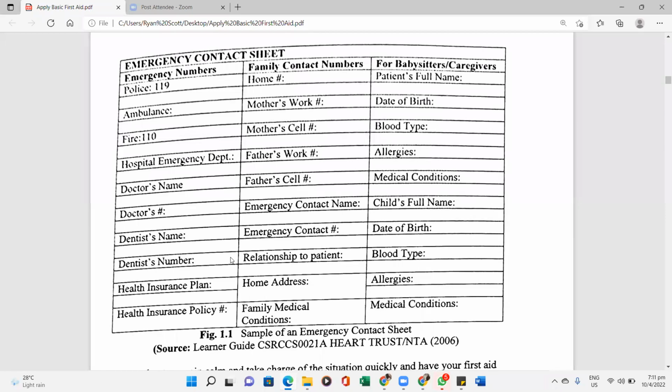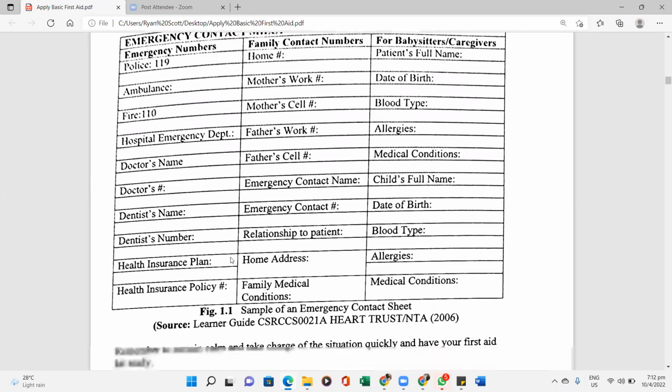You want maybe a family contact. So you probably just need maybe just one emergency contact number. And you would also want to know their blood type, if there are allergies, if they have any medical conditions. Okay. All right, scroll down.